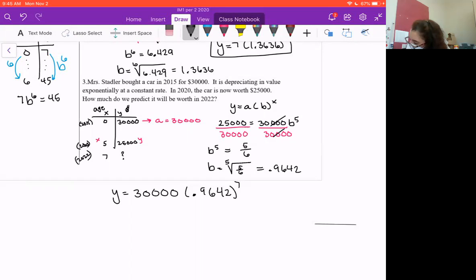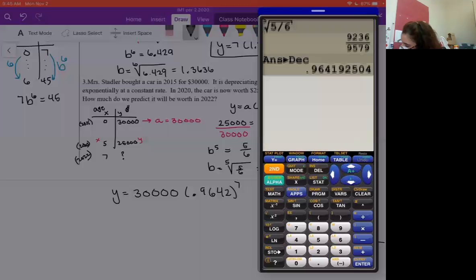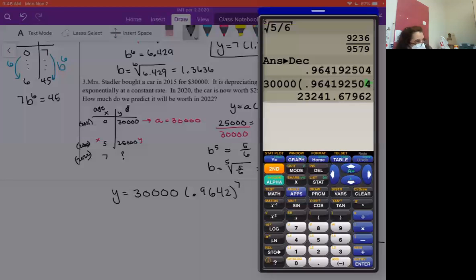So again, I go to my calculator and I type in 30,000 parentheses. Oh, I'm going to do this cut and paste thing again. So if I copy and paste that number right there, I didn't do any rounding. So this is going to make sure that it's accurate as much as I need it to be accurate. Specifically, I'm going to round to the dollars and cents.